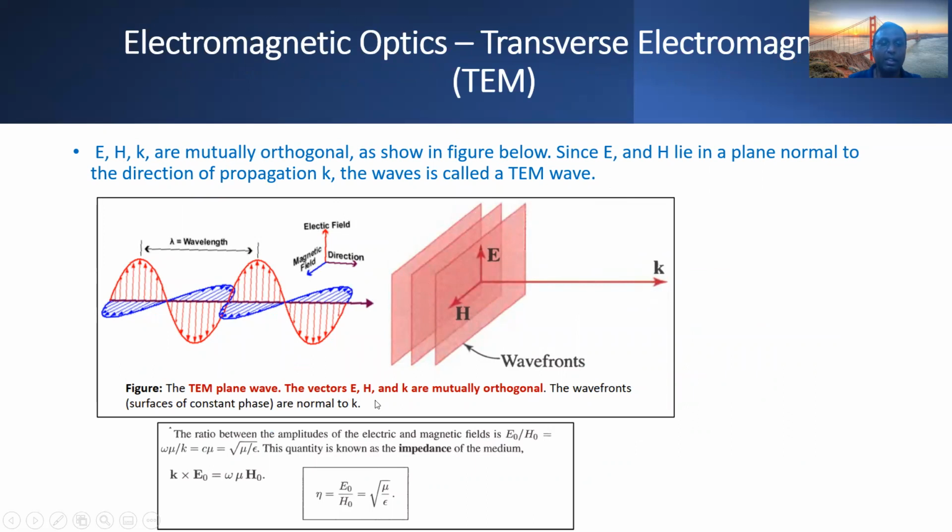The wavefront surfaces of constant phase are normal to k. The ratio between the amplitudes of the electric and magnetic fields, E naught over H naught, is given by the square root of mu over epsilon. This quantity is known as the impedance of the medium.